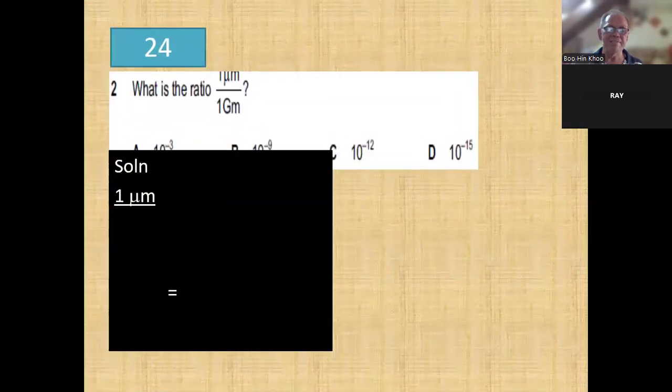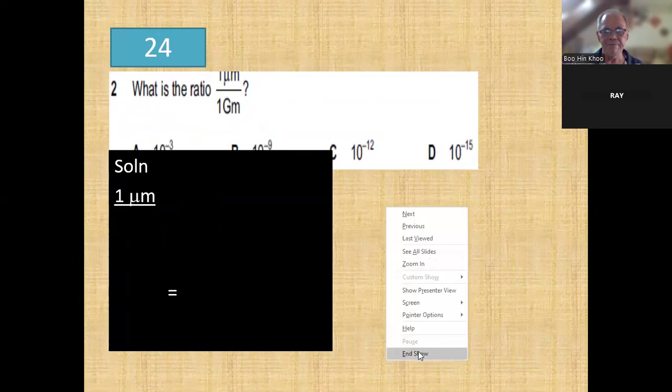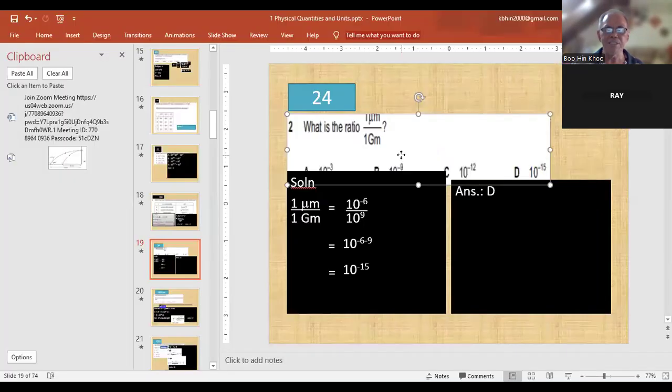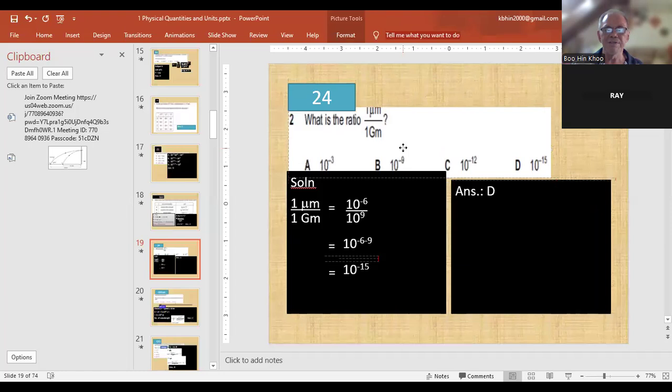This one, 24. This micrometer and gigameter. Micro is 10 to the power minus 6. So all this must be in your head already.